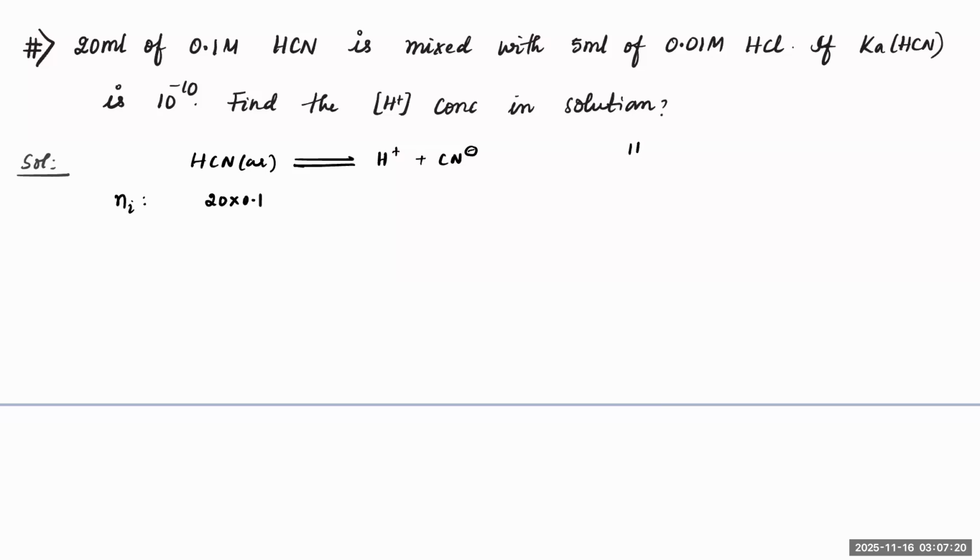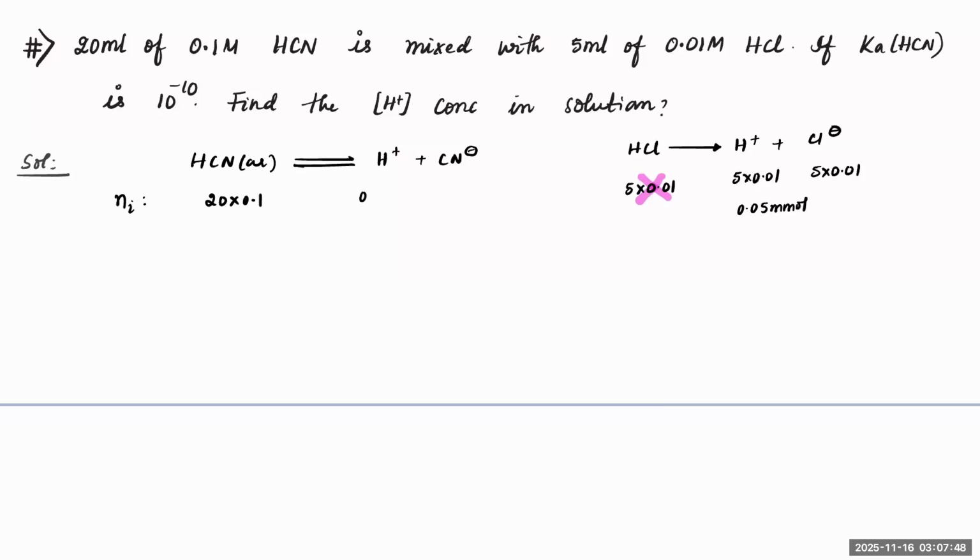HCl will be completely ionized into H plus and Cl minus, which means if you have 5 into 0.01, this entire thing will be ionized into 5 into 0.01 and 5 into 0.01. So which is 0.05 millimoles.